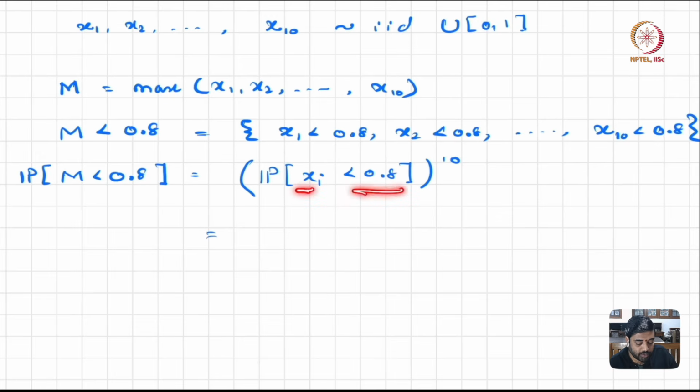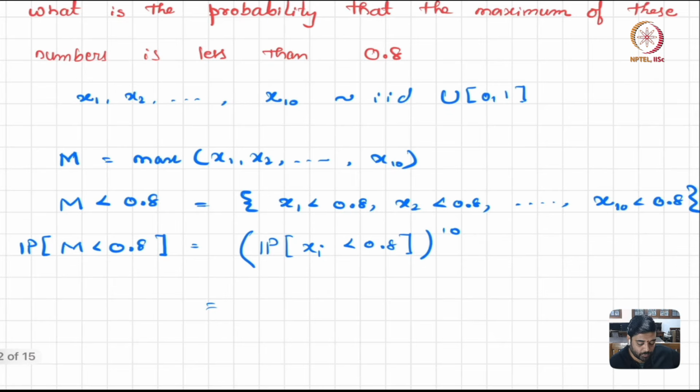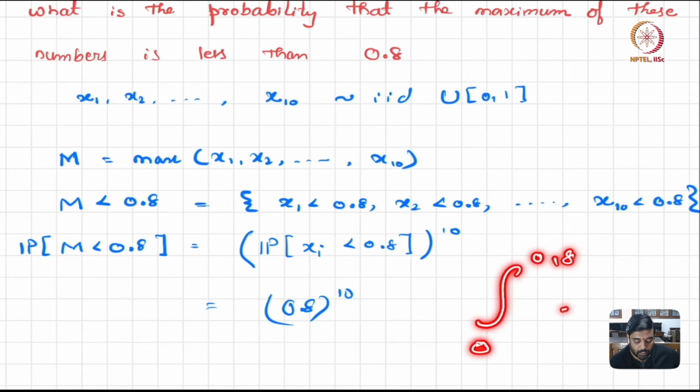Now xi taking a value less than 0.8. You know this already. From uniform 0, 1, this value will be 0.8 to the power of 10. Now, why is this 0.8? What is this? This is integral 0 to 0.8 of px of x dx.